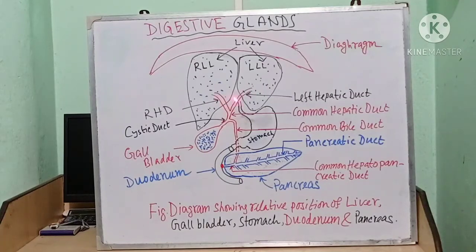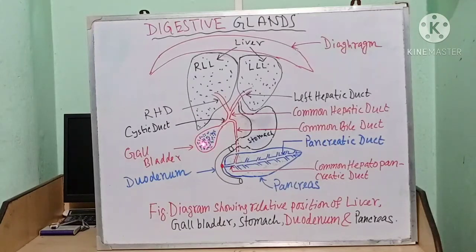And this bile is alkaline in nature. 98% of the constituent of bile is water, and the solid constituent is about 2%. Do you follow?